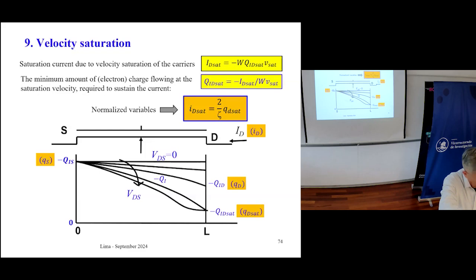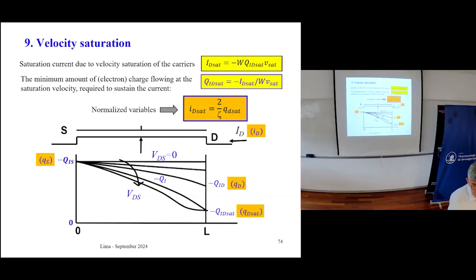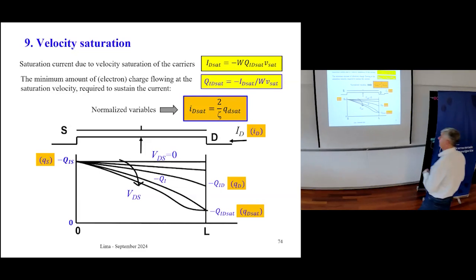So when you increase the drain voltage, the diameter at the drain reduces, but it cannot reduce indefinitely. Otherwise, you don't have molecules to pass through this side. So this is a very good analogy. If you have to keep a current and you have a maximum velocity of molecules, assume this is water, okay, you have to keep a minimum channel diameter at this side. Okay, so this is an important parameter, of course.